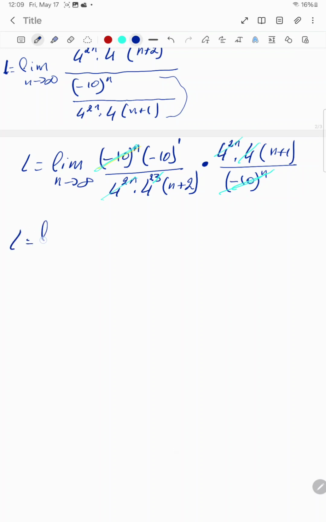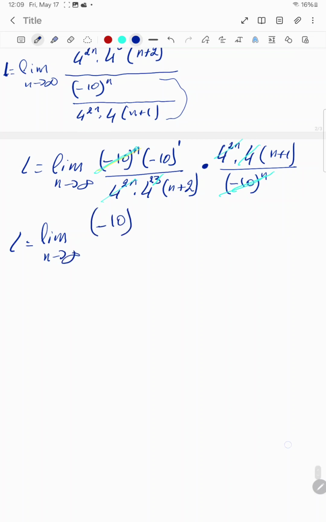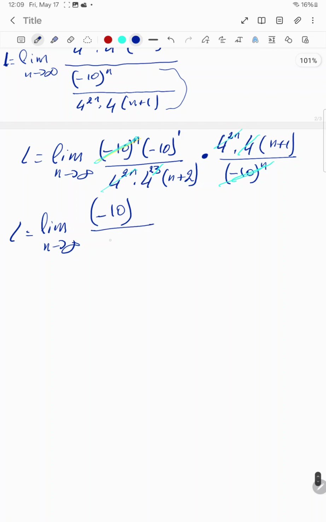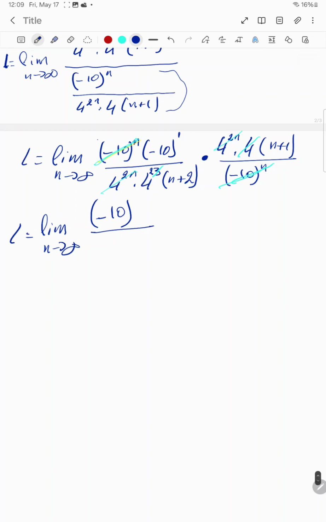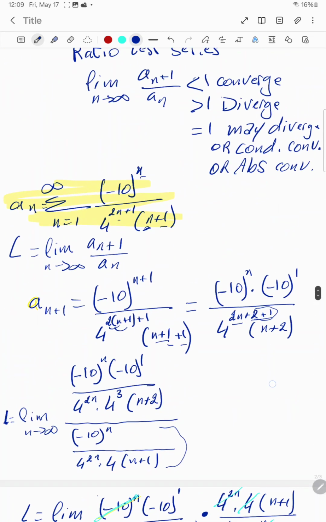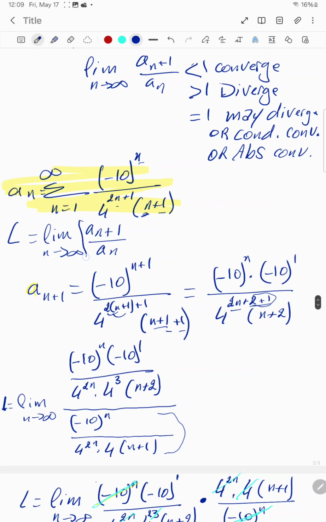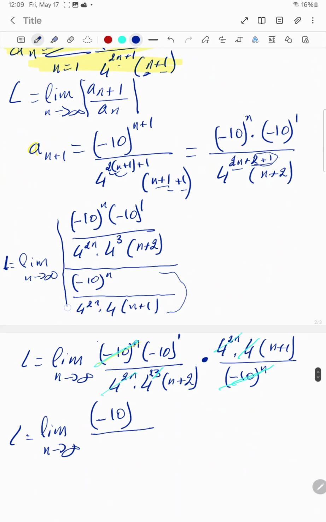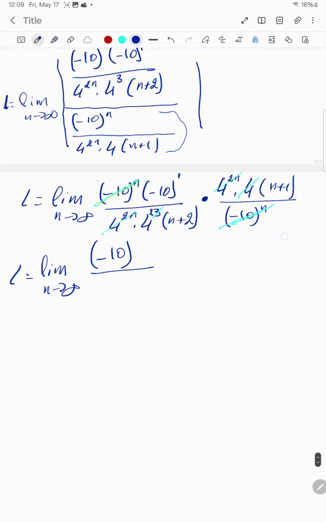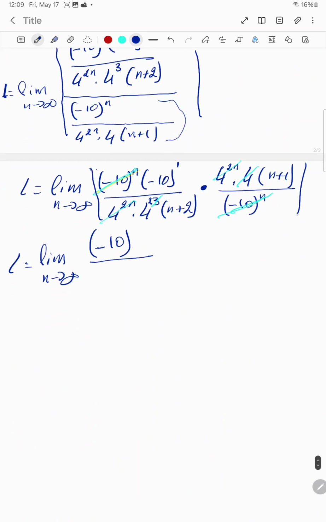So L is equal to the limit when n goes to infinity. I have here minus 10 to the power of 1. I'm not going to write it. Divided by, and this is absolute value here. It should be an absolute value here. So this is an absolute value here, and this is an absolute value here.